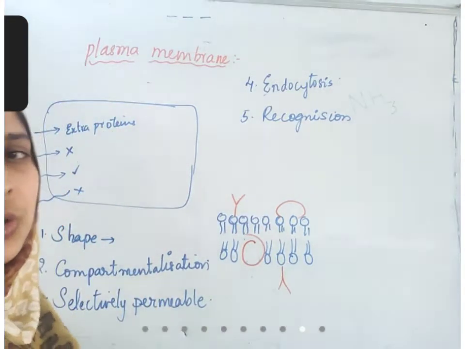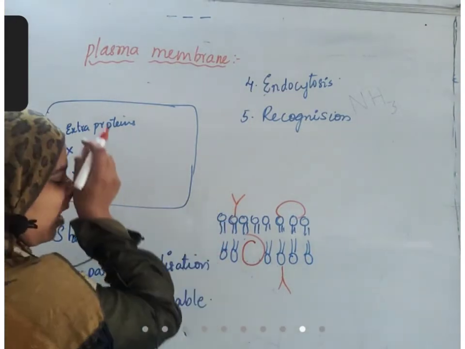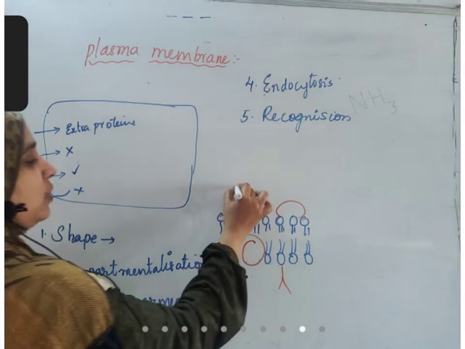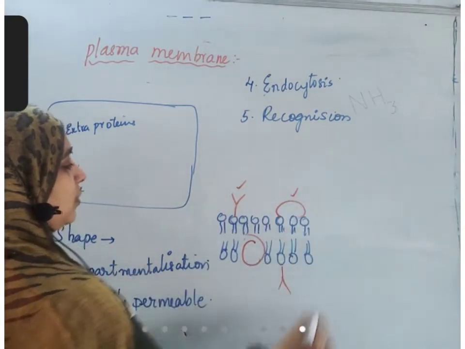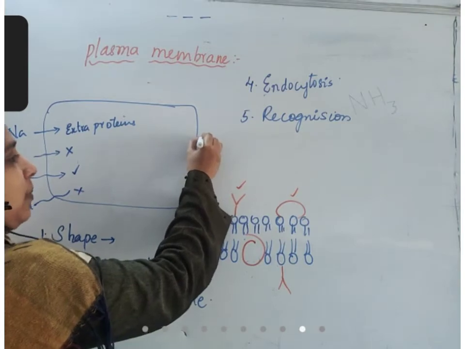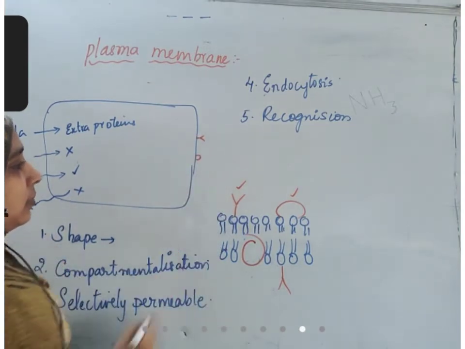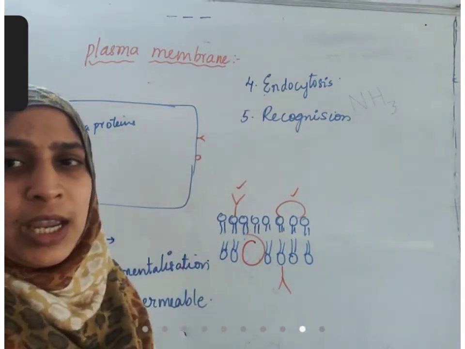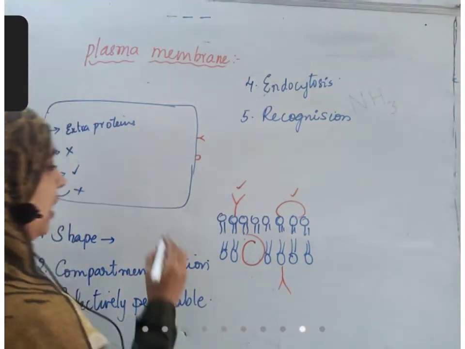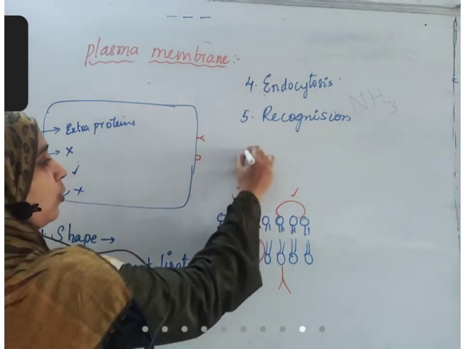Okay. So this entire cell membrane is like that only because of these carbohydrate molecules or these protein molecules that are present on the plasma membrane. Any molecule is able to identify the cell. Suppose you take hormones.